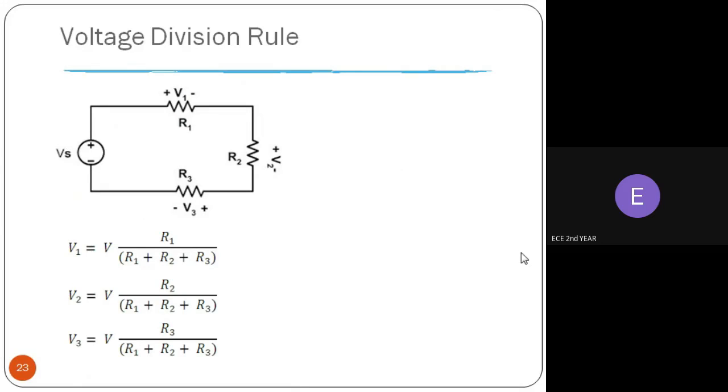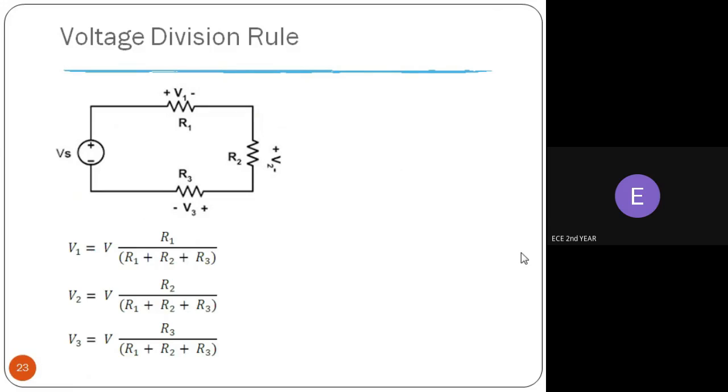Next one is the voltage division rule. The voltage division rule is applicable only to series circuits, and could not be applied to a parallel circuit, because in a parallel circuit the voltage across the individual elements is the same.